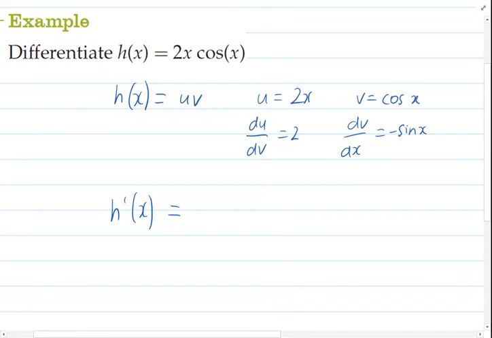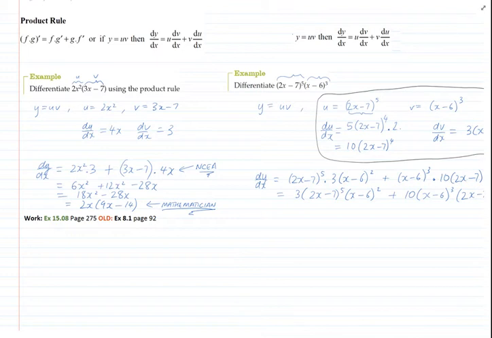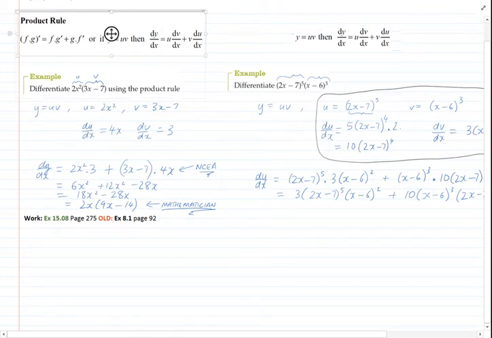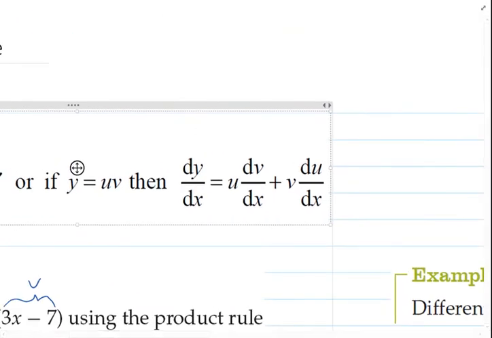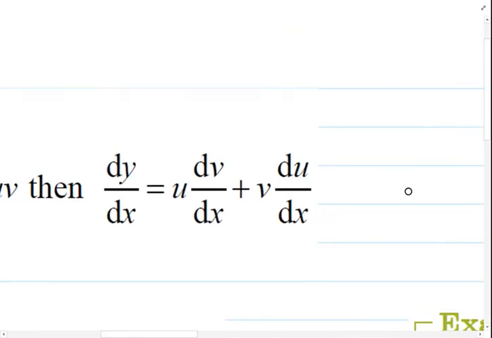So I'll just quickly bring up the product rule again. So if we zoom in on it here, we have u times dv by dx.